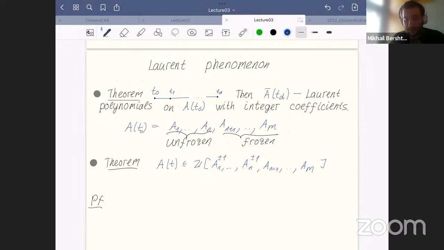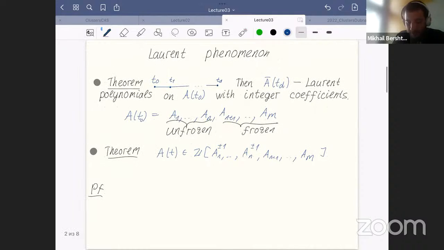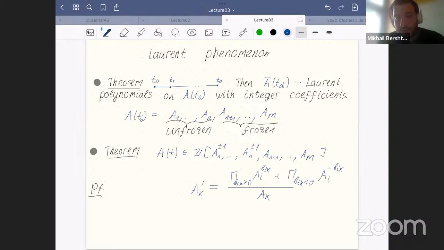If you remember, the rule of mutation was as follows: if you mutate in some variable ak, the new variable ak prime is equal to a rational function. In the denominator we have ak, and in the numerator we have some product over b_ak greater than 0 of ai to the power b_ak plus product over b_ak less than 0 of ai to the power minus b_ak. Some stuff like this.